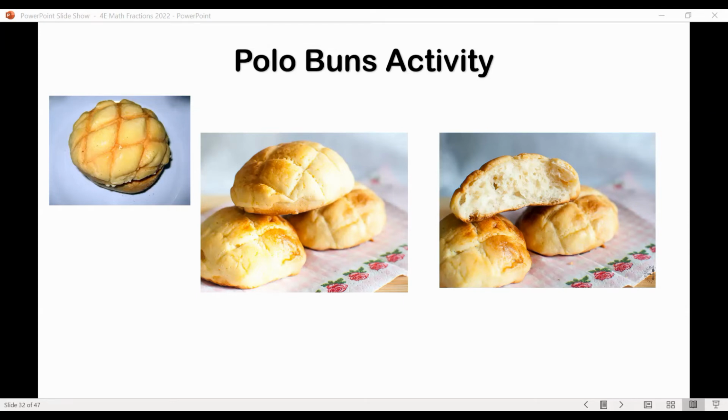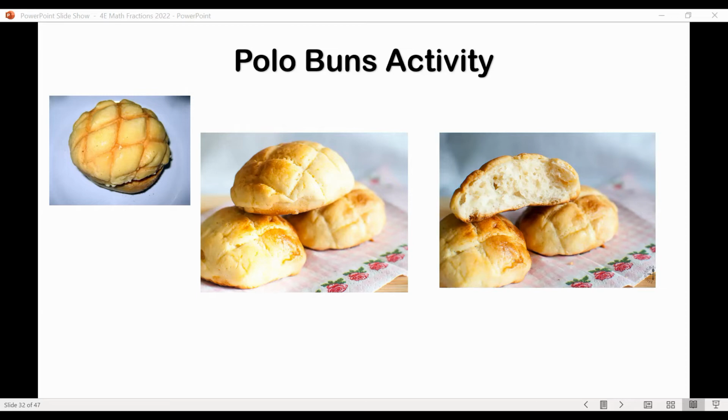Do you know Polo Bun? Don't know. Okay. Polo Bun is a delicacy that came from Hong Kong. Very nice. Westgate and Jurong Point, some of the shops sell it. And if you cut it open and put butter, it's a bit like the Mexico coffee bun. You know the coffee bun? Yeah. And then it's crispy on top.